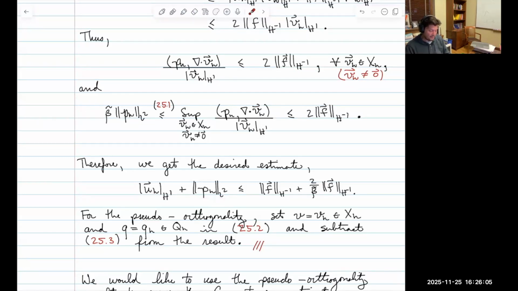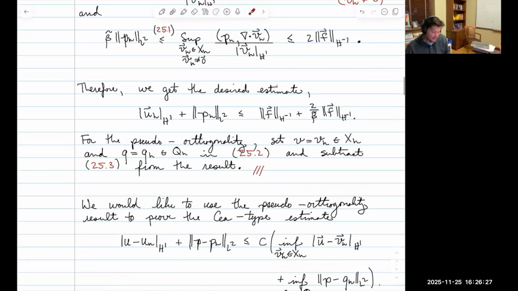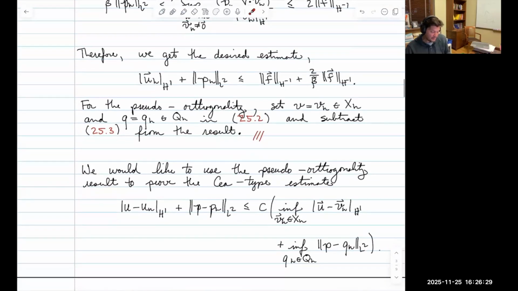I'm now going to have, after dividing by beta, that this is less than 2 over beta tilde norm of F. And I can use the distributive property to pull this common factor out, and then you get exactly what we stated. And of course, we've already proven the pseudo orthogonality condition, so we're done with the result.